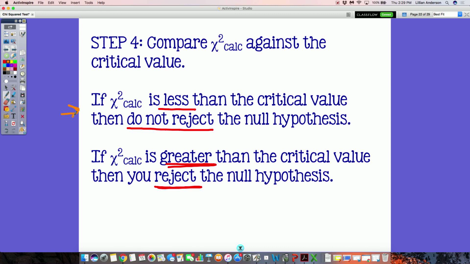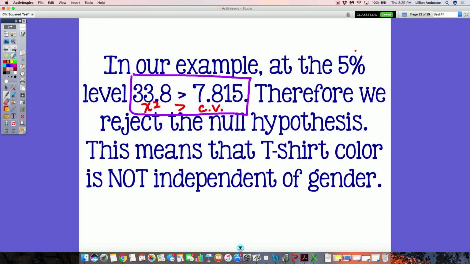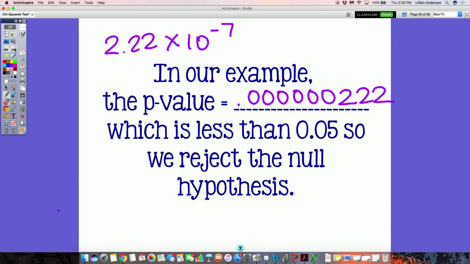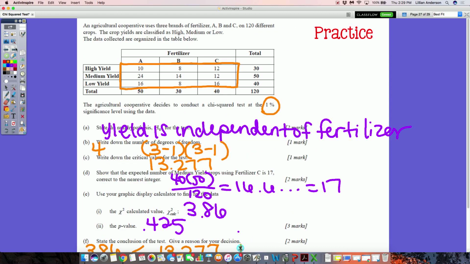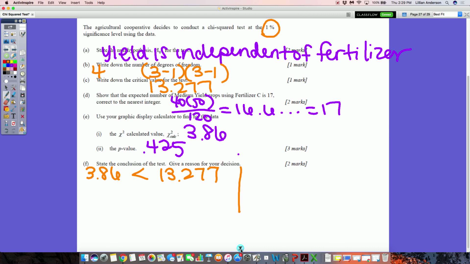Is that what you guys ended up with? So we do not reject it. That means whatever the null hypothesis was, we accept it, which means that yield is independent of fertilizer. So we do not reject. You actually have to write that down.